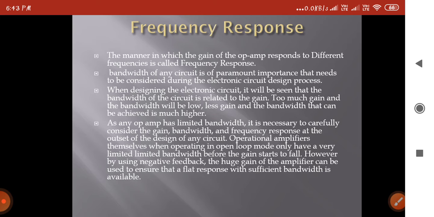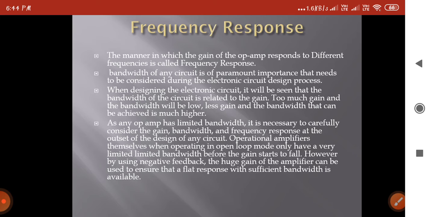Operational amplifiers operating in open loop mode only have a very limited bandwidth before the gain starts to fall. However, by using negative feedback, the huge gain of the amplifier can be used and a flat response with sufficient bandwidth is ensured. In negative feedback, open loop or closed loop, gain is always inversely proportional to the bandwidth.